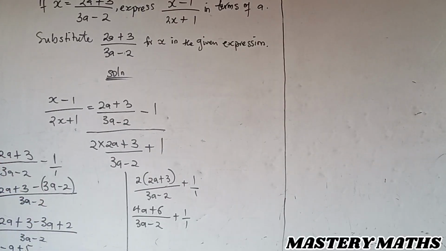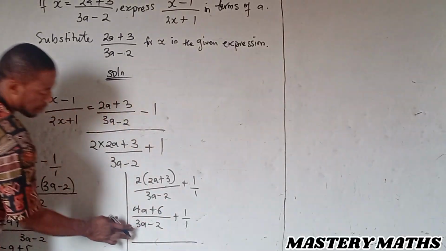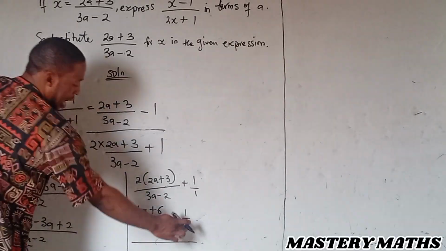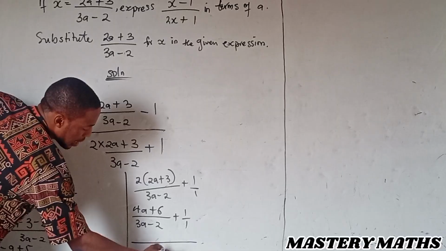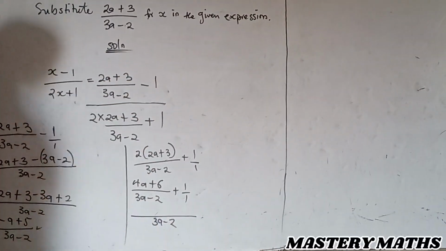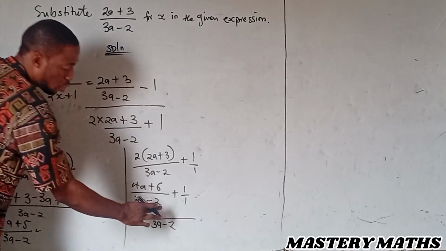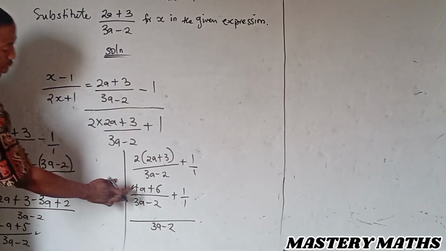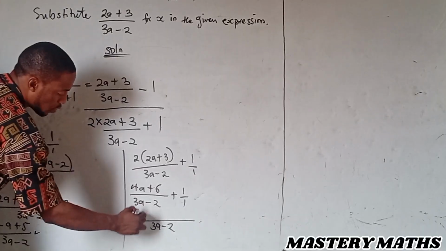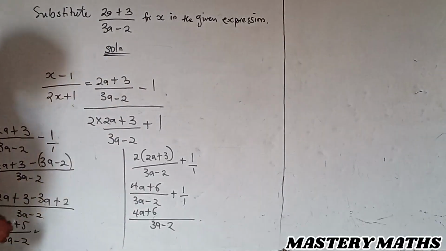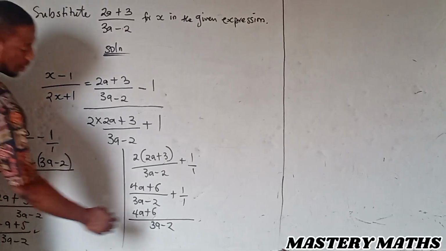Now we need to look for the LCM as well. The LCM of 3a − 2 and 1 is the same as 3a − 2. Now 3a − 2 into 3a − 2 will give us 1. 1 times 4a + 6 will give us 4a + 6.